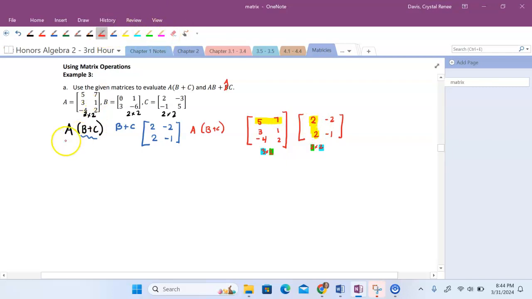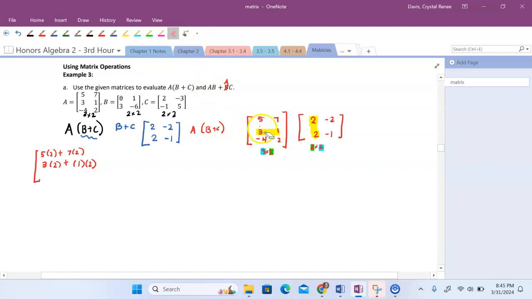So let's do the first row and the first column. I get 5 times 2 plus 7 times 2. Then I'm going to go to the second row of the first matrix, 3 and 1, so 3 times 2 plus 1 times 2.